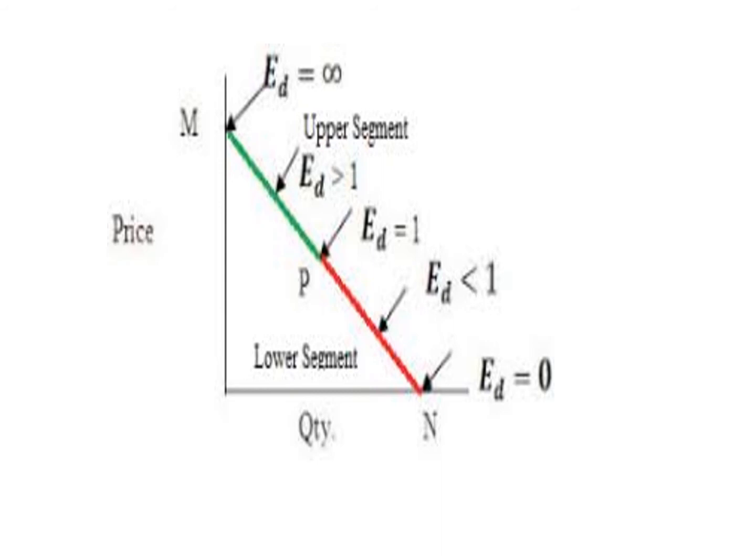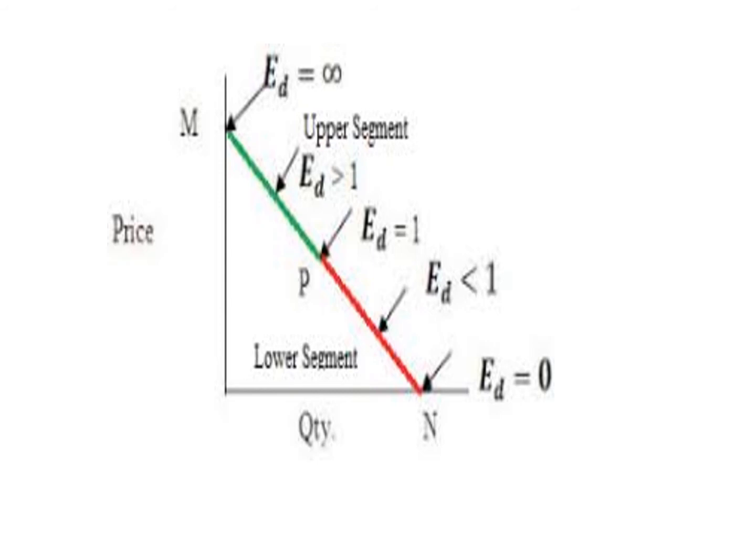A straight line demand curve joining the two axes is considered to show the measurement of point elasticity. Elasticity at any point on the demand curve is the ratio of the lower part of the straight line to the upper part. It is important to know that point elasticity of demand on a straight line is different at every point.